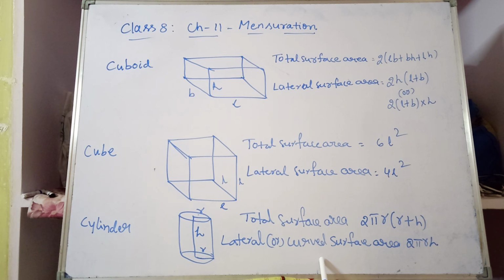These are the surface areas of the three solid shapes which we have discussed. Now let us go through some examples about these surface areas, and how to apply these formulas.